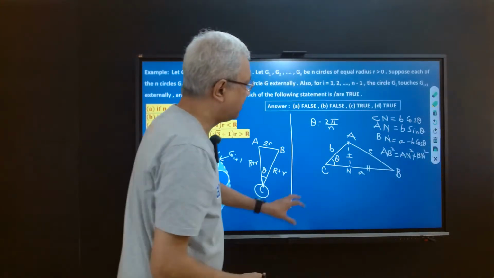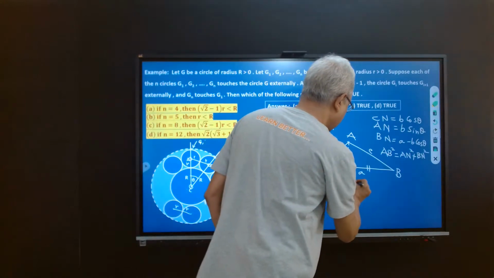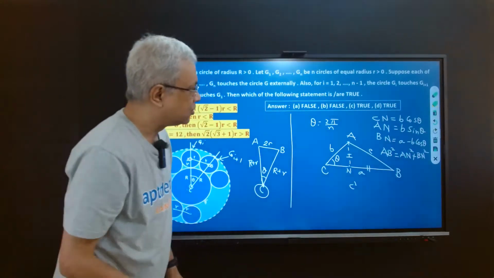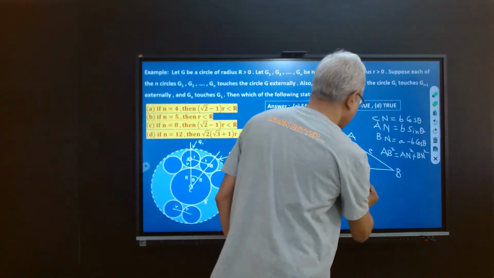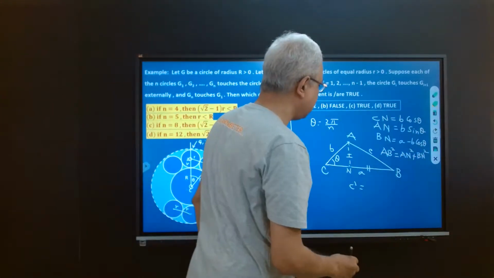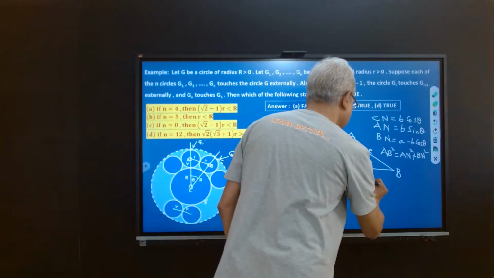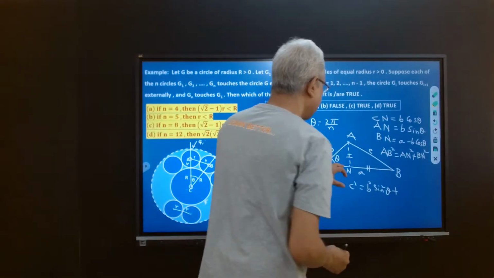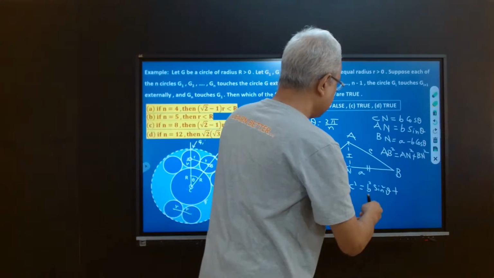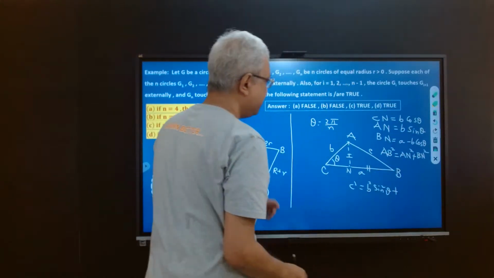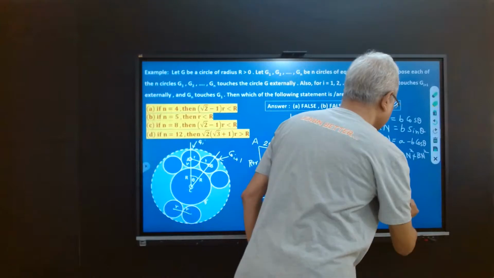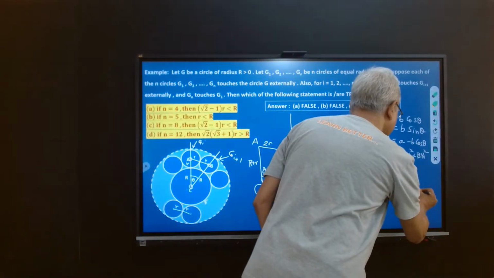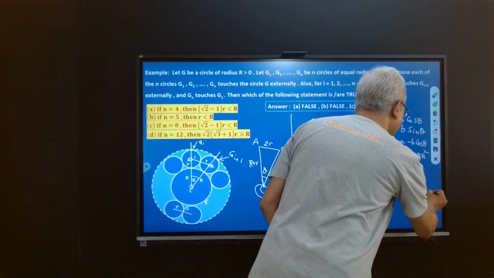I can write, but AB square is c square because length of AB is c. So c square is AN square plus BN square, but AN is b sin theta. So AN square is b square sin square theta plus this thing BN. BN is how much? a minus b cos theta, a minus b cos theta whole square.